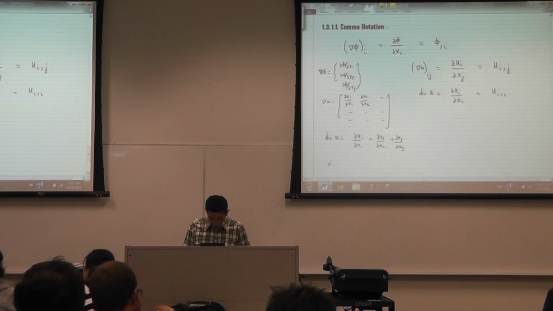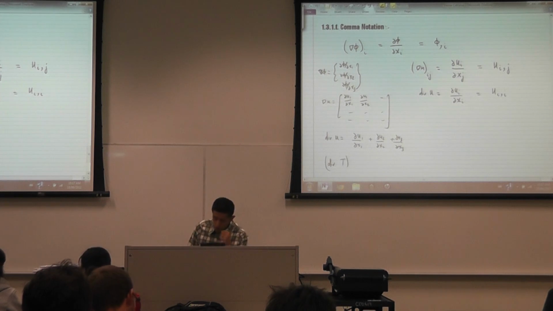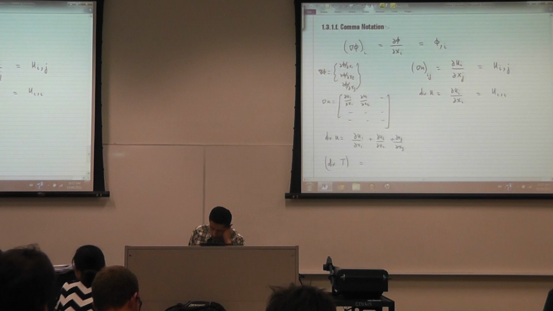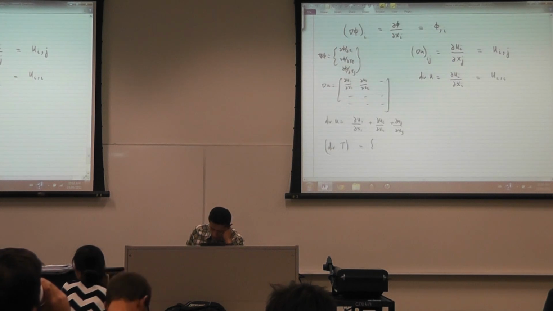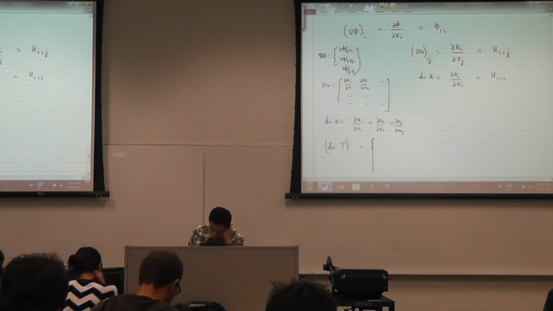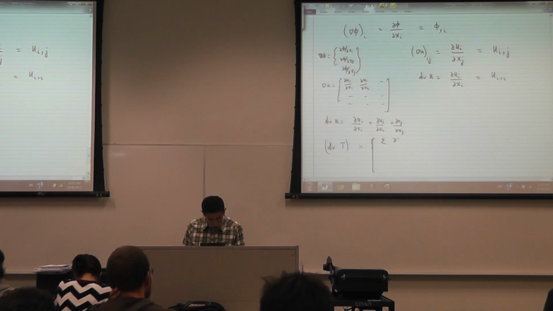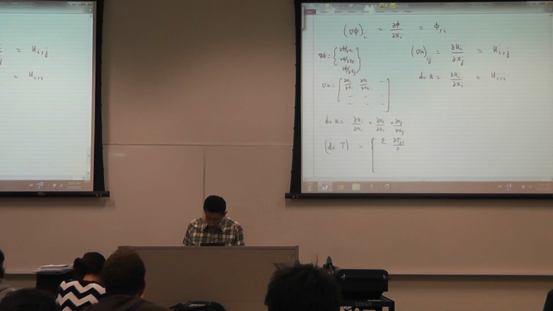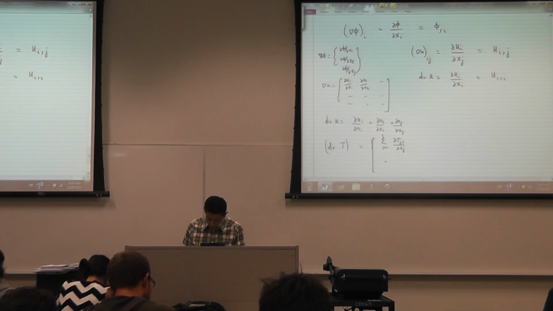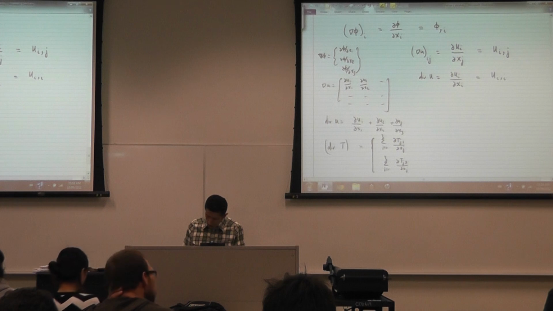Divergence of T, where T is a matrix, was given as follows. The sum of partial Tj1 by partial xj, j equal 1 to 3, partial Tj2 by partial xj, j equal 1 to 3, and so on.